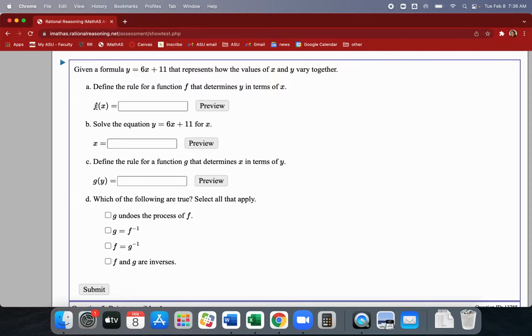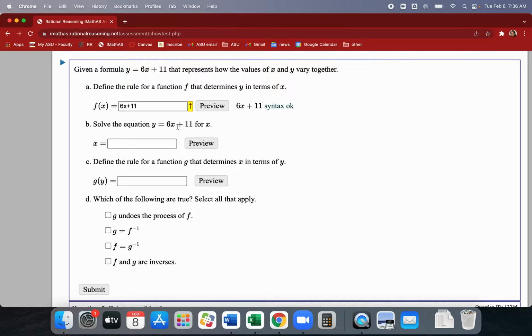So function f with an input of x would just be 6x plus 11. That seems like a weird question to ask, but the reason is the following questions, just to make sure you understand the terminology of that really wordy way to explain it.